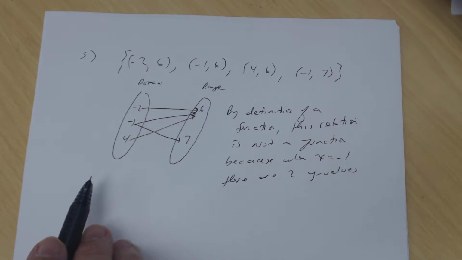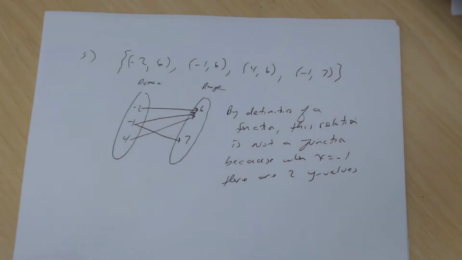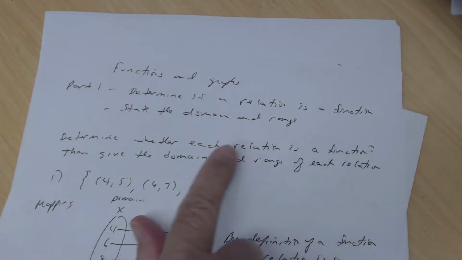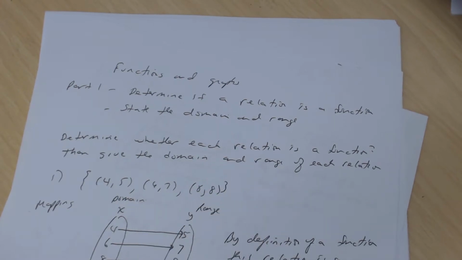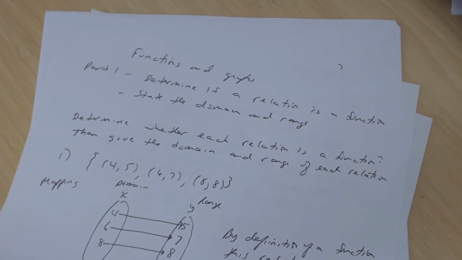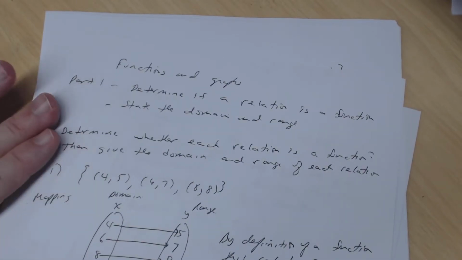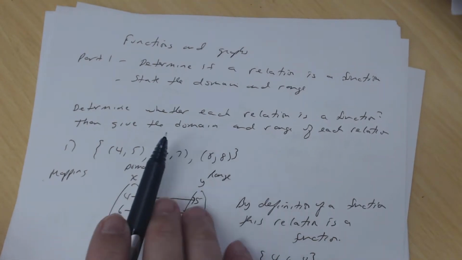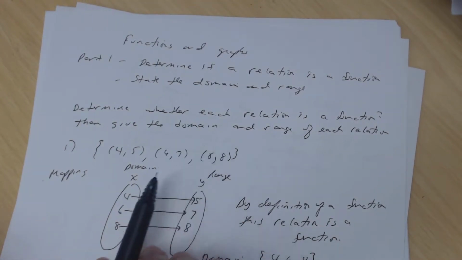Okay, so that will be the end of that part. So basically, what we wanted to do was to determine if a relation is a function, and then state the domain and range. Now, still dealing with part 1. So part 1, remember the definition of a relation is a set of ordered pairs.